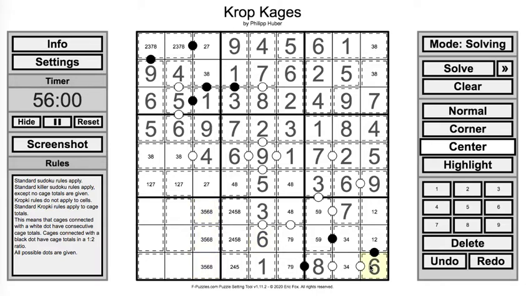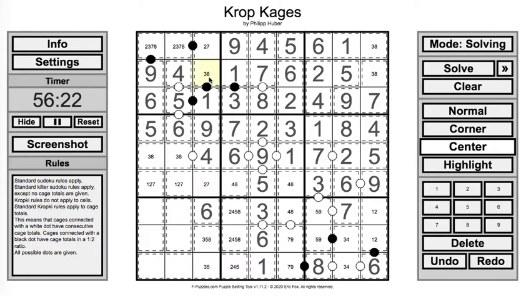We see that the 6 has to be in this top cell, and we push the 3, 5, and 8 in these 2 cells, but the important thing about this is that the 5 is pushed into these 2 cells.